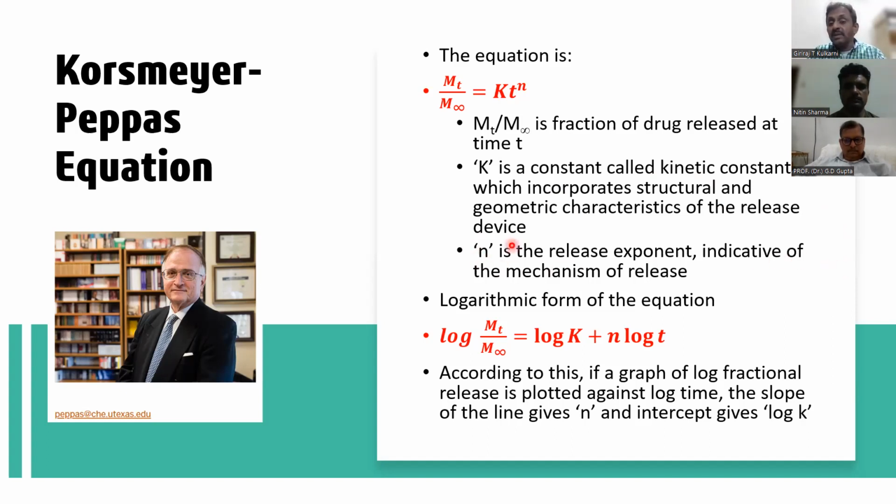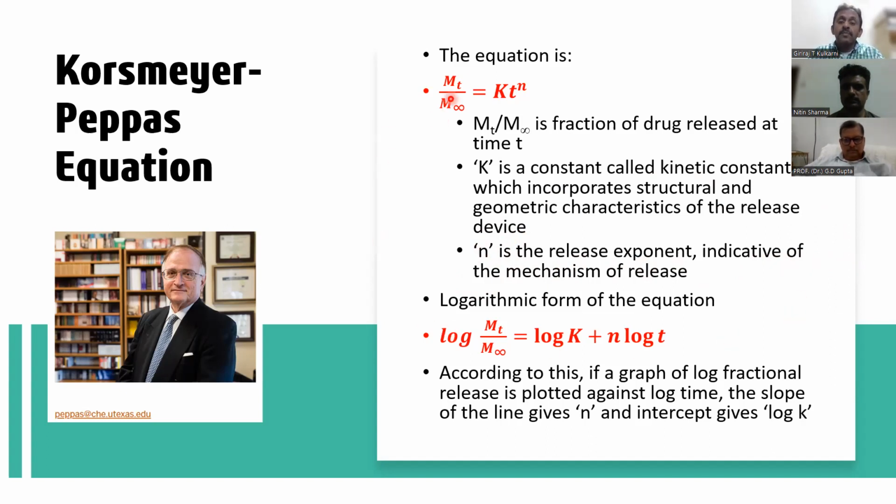This n value is actually indicating the mechanism of release. In Higuchi, we just see if it is a straight line, whether it is diffusion controlled or not. Whereas in the Peppas equation, it is not only diffusion controlled or not, but what is the mechanism of diffusion? That also is told by the Korsmeyer-Peppas equation.